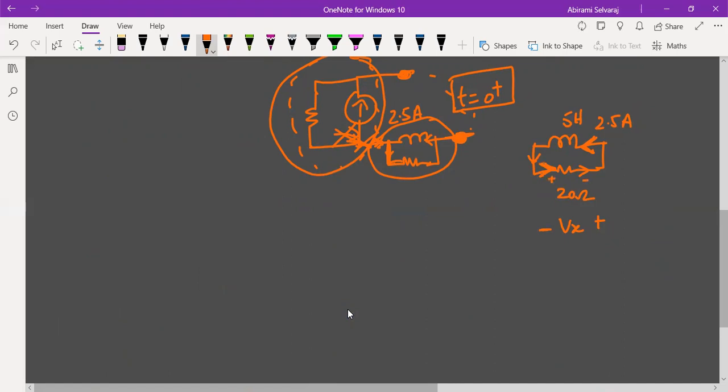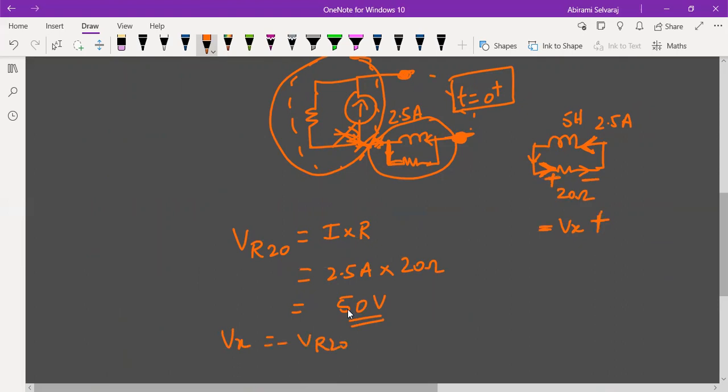The voltage across the 20 ohm resistor is I into R. Current is 2.5 amperes and resistance is 20 ohms, so if we multiply, we get 50 volts in this direction. But the polarity of Vx is different: here it's plus minus, here it's minus plus. So Vx equals minus of V across the 20 ohm resistor, so Vx equals minus 50 volts.